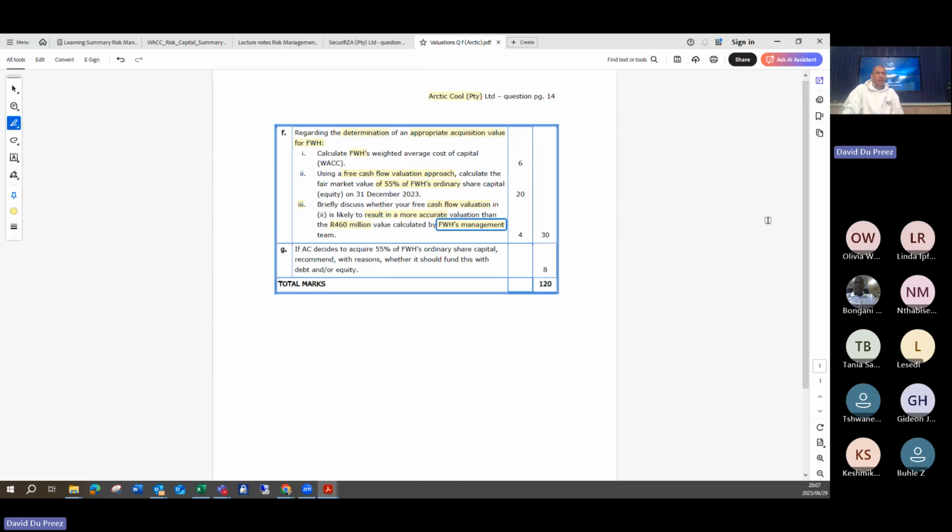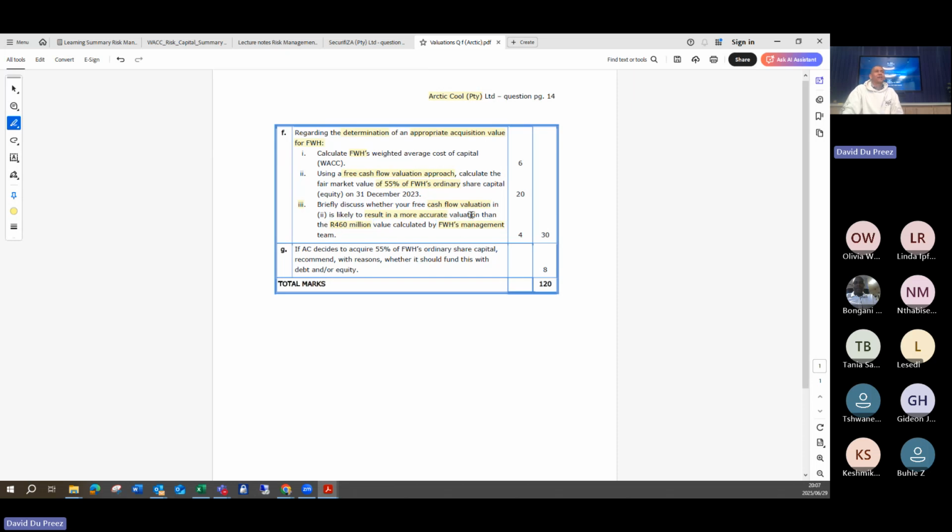If you go into the scenario, you'll find out that the management used a dividend growth model to calculate this 460 million rand.